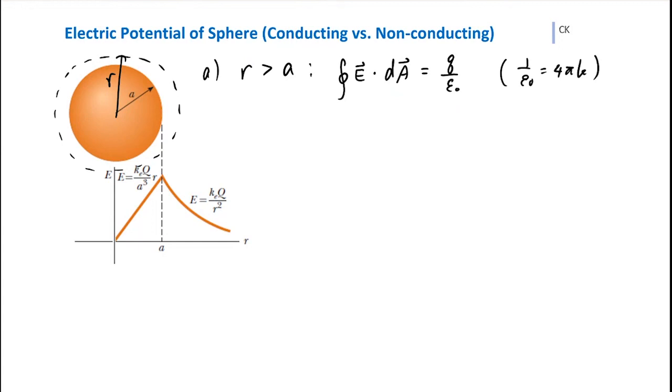Now the electric field is perpendicular to the Gaussian surface, and it's the exact same distance, so it has to be constant. So this now becomes E, and we'll put 4 pi k Q, where Q is the total charge inside this uniform distribution. And this turns out to be the surface area of our Gaussian sphere, 4 pi r squared.